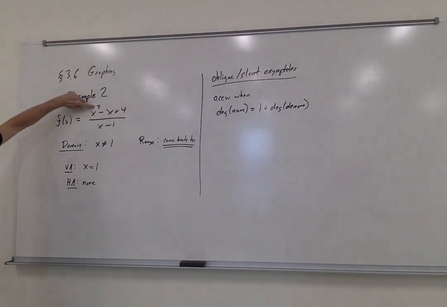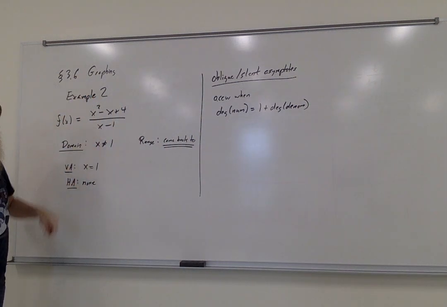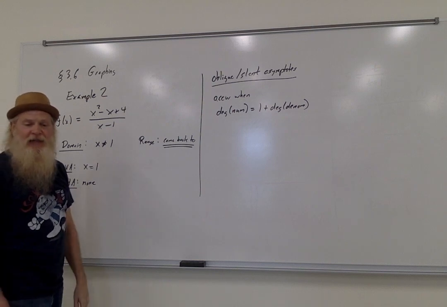So here, the degree of the numerator is 2, the degree of the denominator is 1. So that means that we are going to have slant asymptotes.